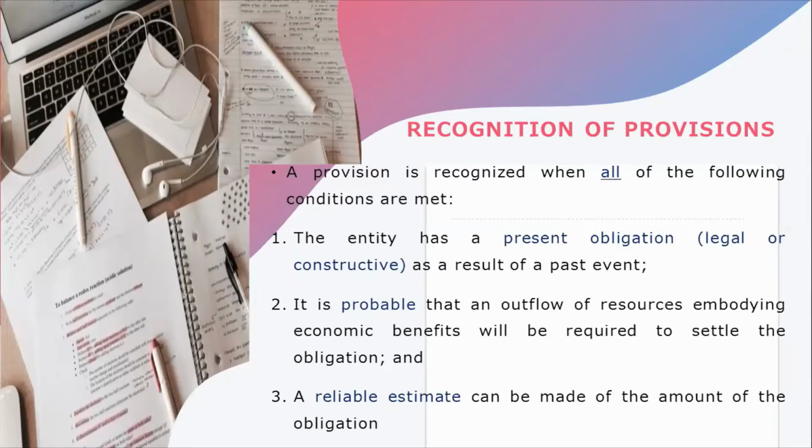So, what is our definition of a liability? It should be a present obligation as a result of past events or transaction which embodies an outflow of economic resources. Number two, it is probable that an outflow of resources embodying economic benefits will be required to settle the obligation. That means you will pay this, in whatever way we settle our obligation.